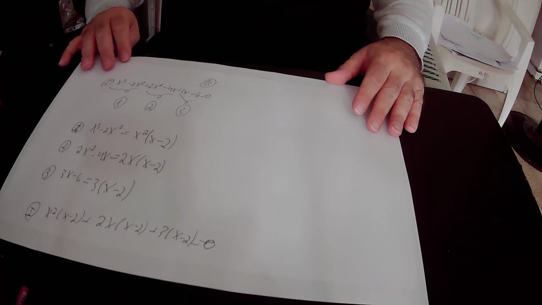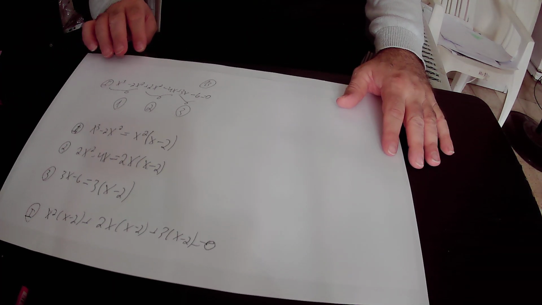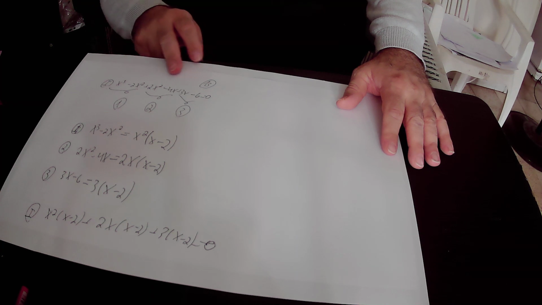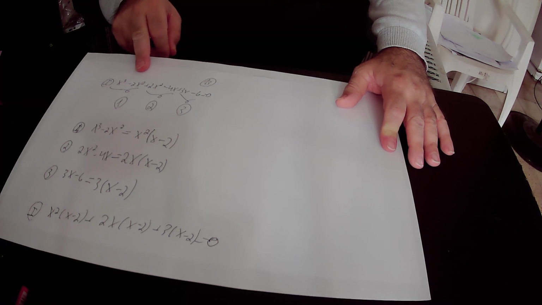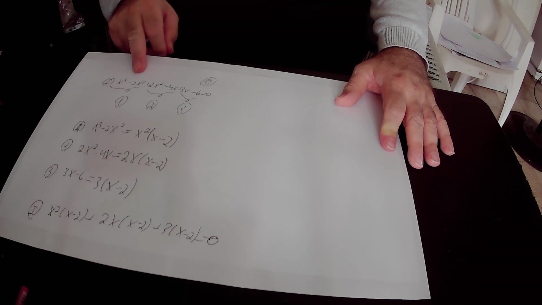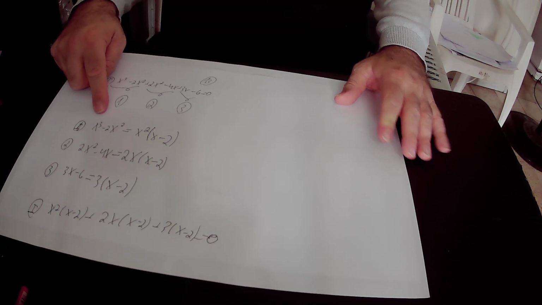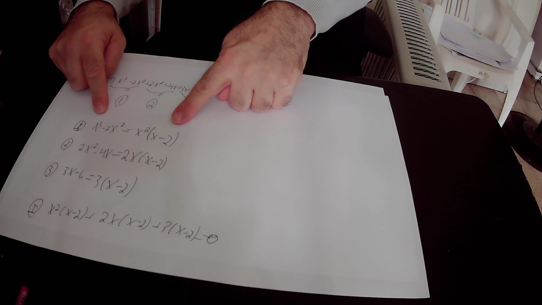Then we divided equation number 1 into 3 parts, and from each part we took out a common factor. From the first part we took a common factor of x squared, and what is left inside the bracket is x minus 2.